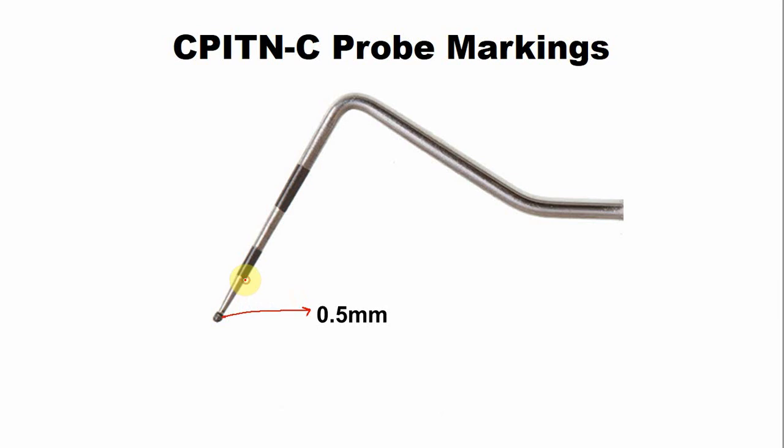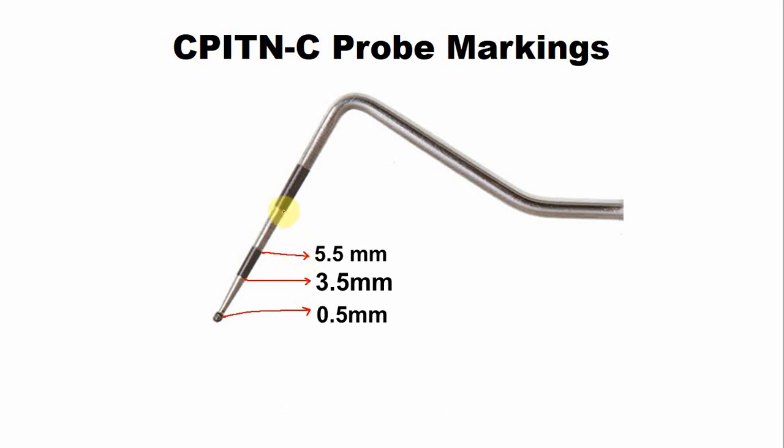This is the beginning of the first black band. This first black band is present at 3.5 millimeter, and this is the end of the first black band, and the end of the first black band is at 5.5 millimeter.